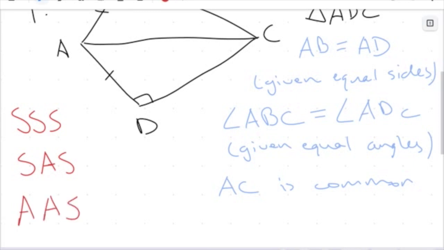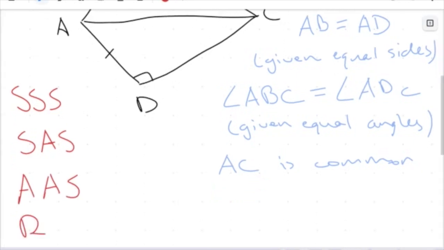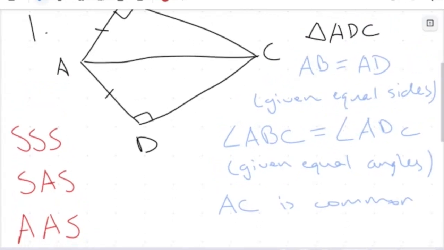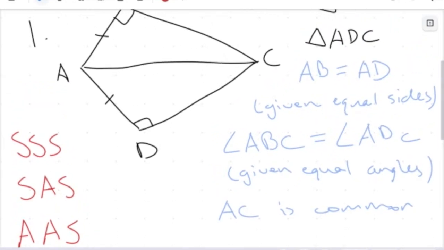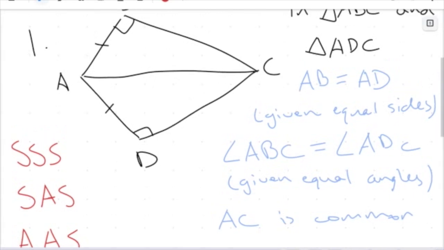We have angle, angle, side, and we have a right angle, hypotenuse, side here. So we want to list the types of things we notice. So AB equals AD, that is equal sides.